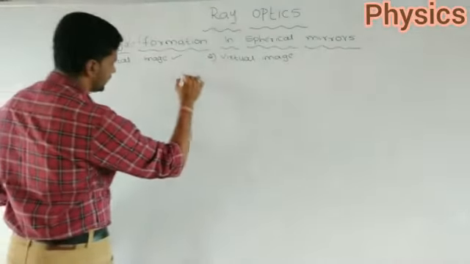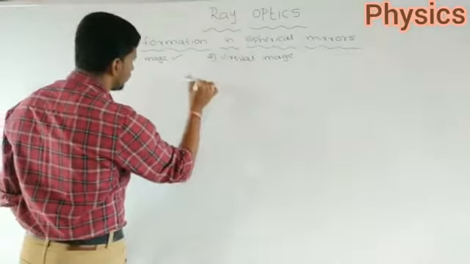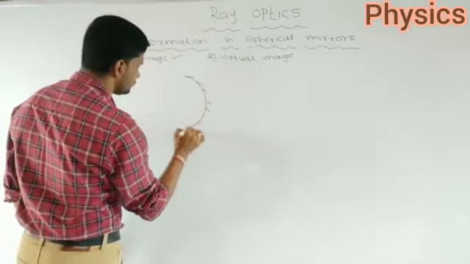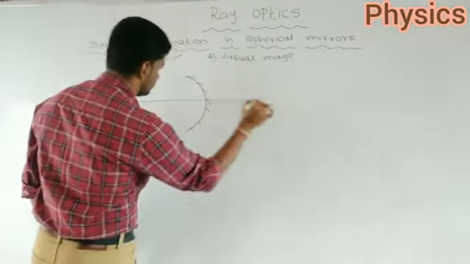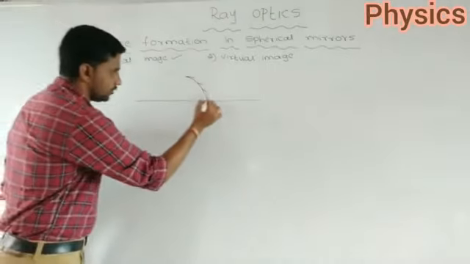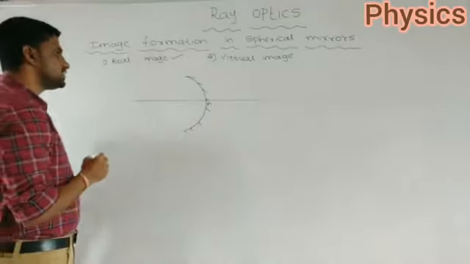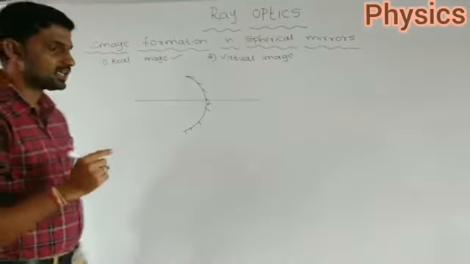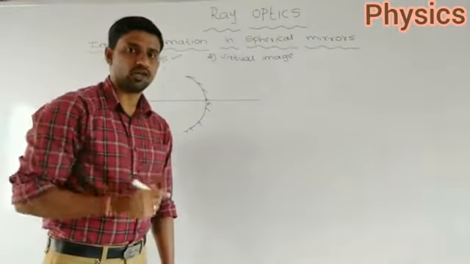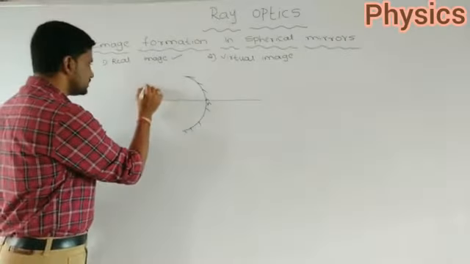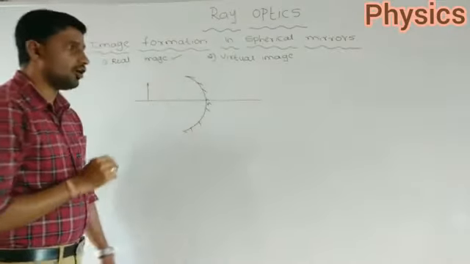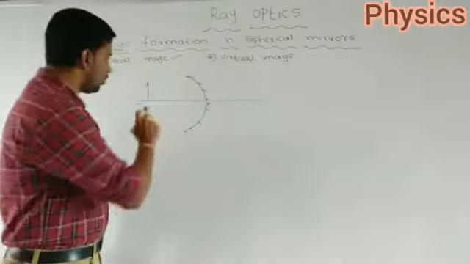Let us see diagrammatically. If I consider a concave mirror here, this is the principal axis and this one is the pole. Now I am going to incident rays of light originating from one point. Assume that this is an object. Suppose this is one parallel ray originating from this object.